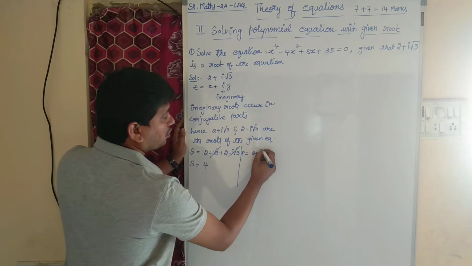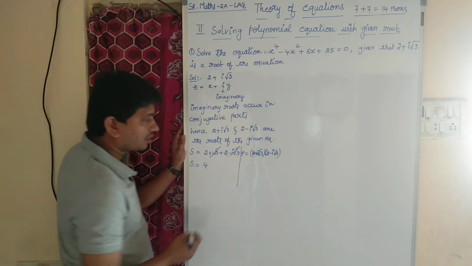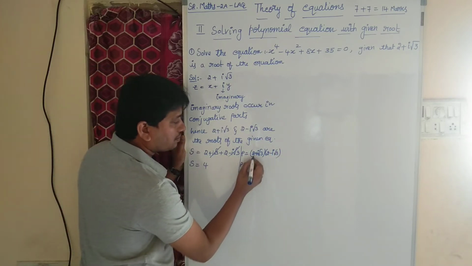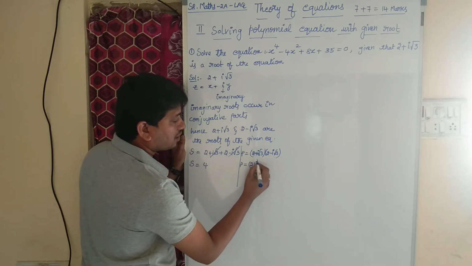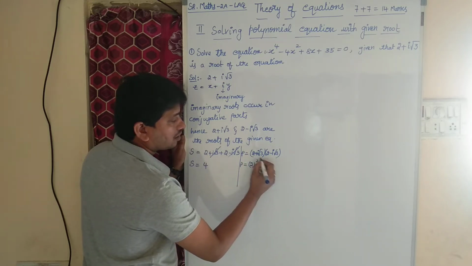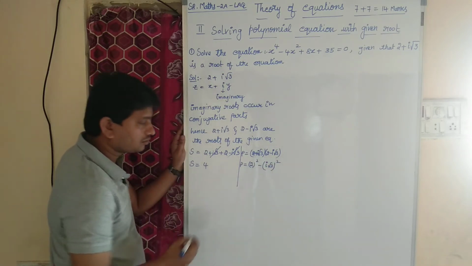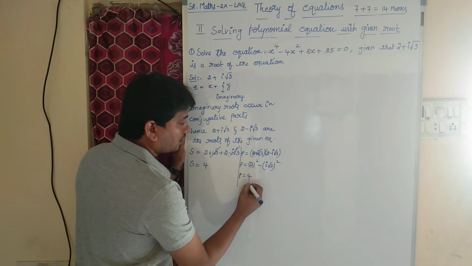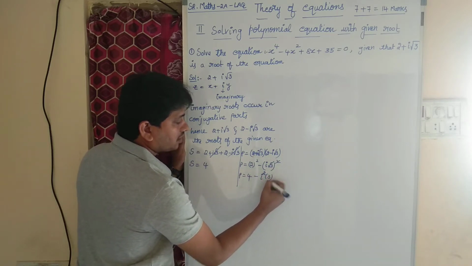Okay. Now the second one, let us find the product. Product means alpha into beta, 2 plus i root 3 into 2 minus i root 3. (a plus b) into (a minus b) is a square minus b square, so 2 square minus (i root 3) whole square. 2 square value is 4 minus i square into 3.